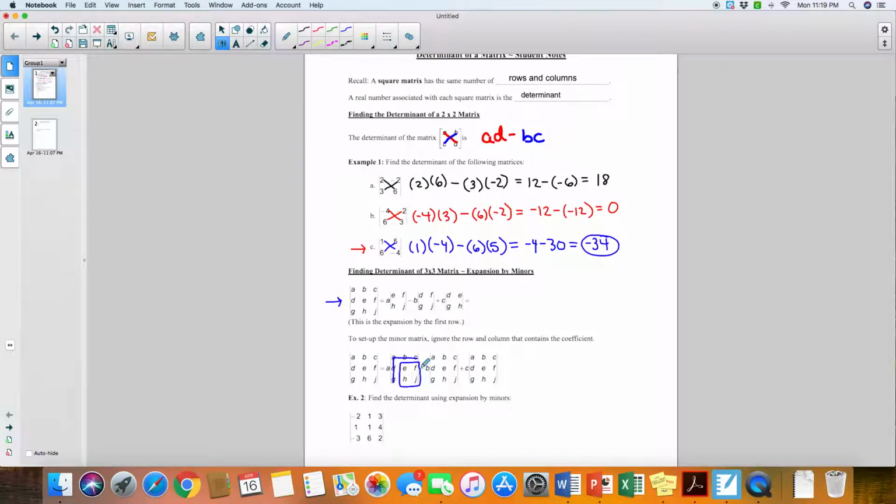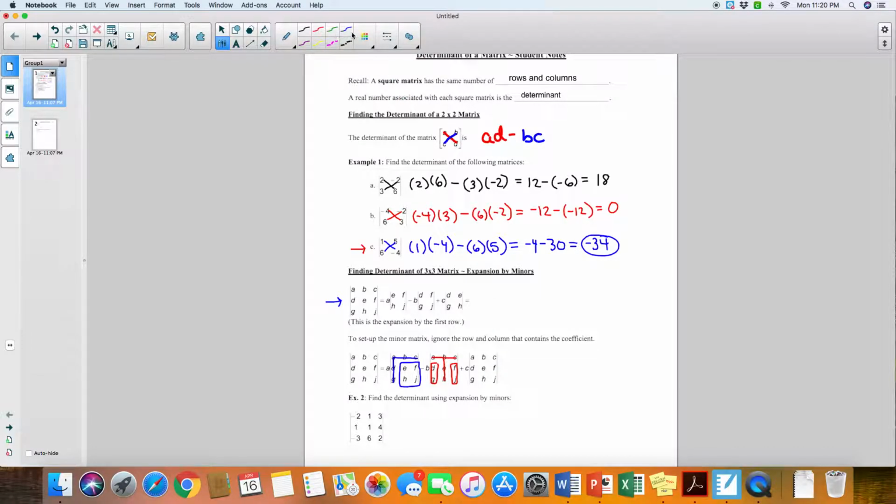So you would take the difference of element B. Again, I would erase the row that contains element B as well as the column that contains element B. The matrix that will be left would be D, G, and F, J. So that would be your 2 row by 2 column matrix as your minor.